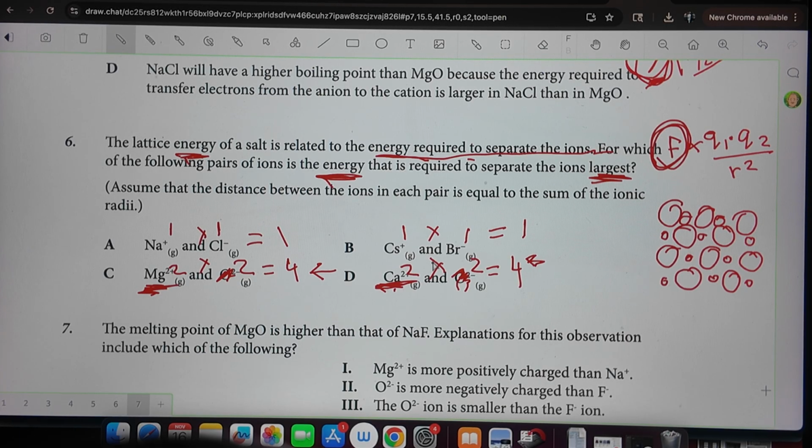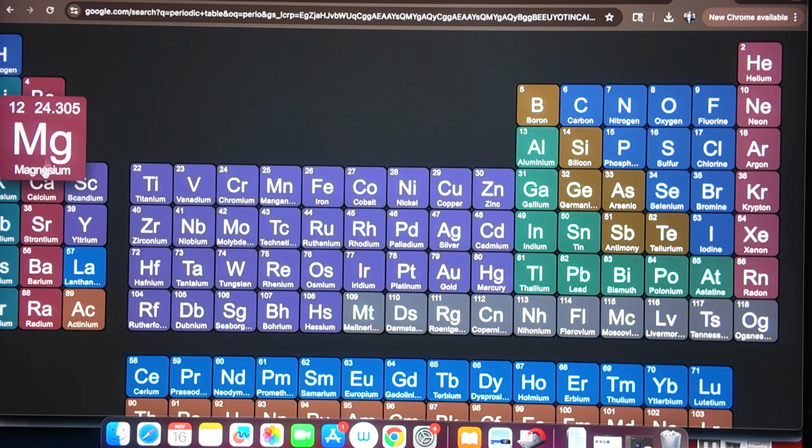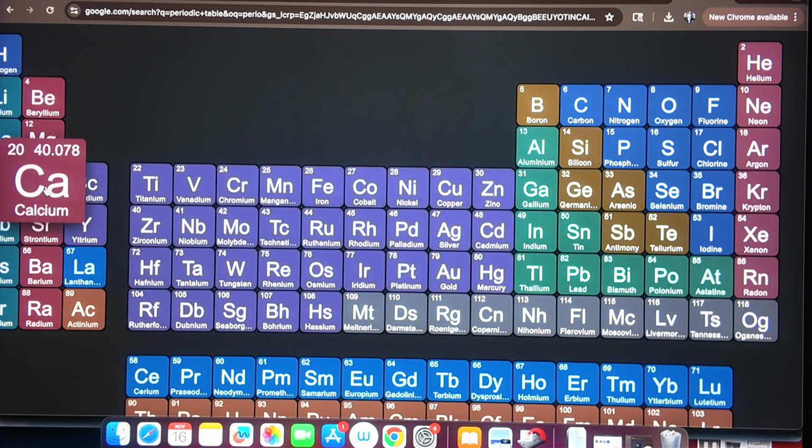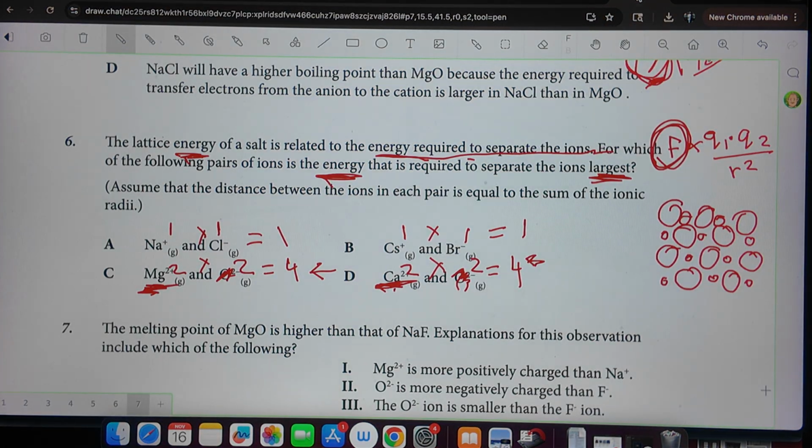So Ca is here, and Mg is here. Mg is smaller. It's in the same group, but Mg has one less entire ring. So because it's smaller, the radius is less, and if the radius is less, then the force is higher. So the answer must be C.